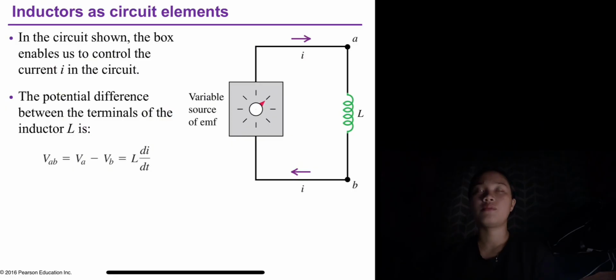Think of driving over a speed bump. At low speed, the bump feels gentle, and at high speed, it feels harsh. Similarly, inductors strongly oppose rapid current changes, but they allow slow changes to pass easily. This explains why switching circuits quickly can produce sparks or voltage spikes.